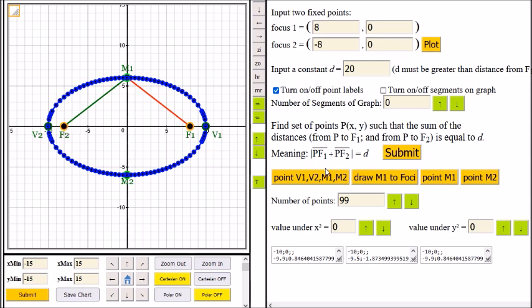And then find all points such that the sum of the distances from the point to F1 and from the point to F2 is equal to the constant d. In this case it's 20. And then all of those points together will form an ellipse.